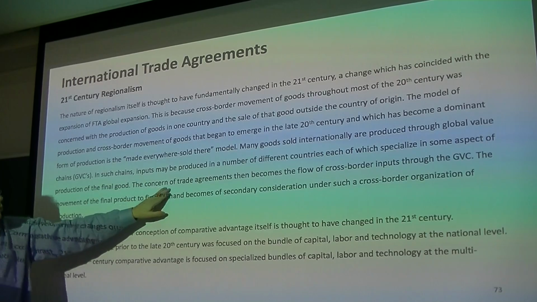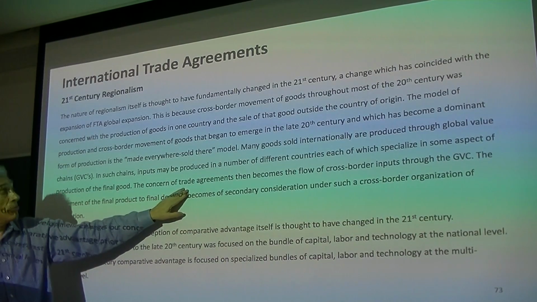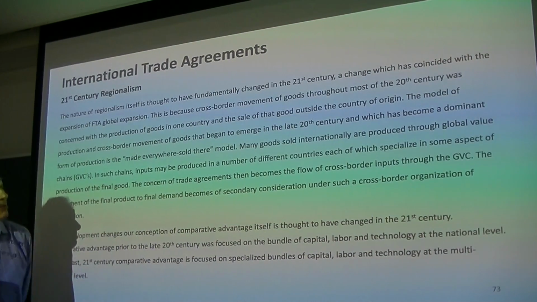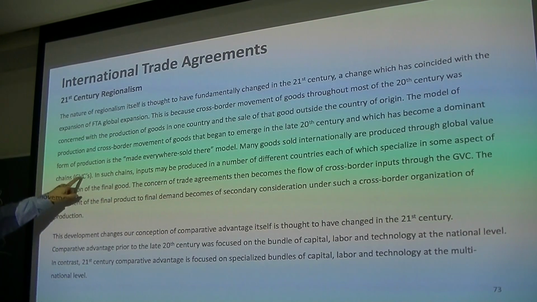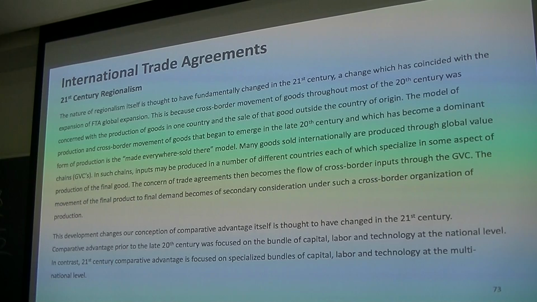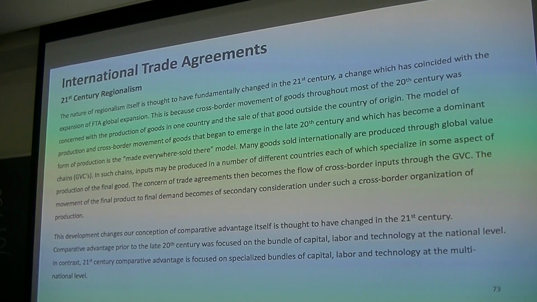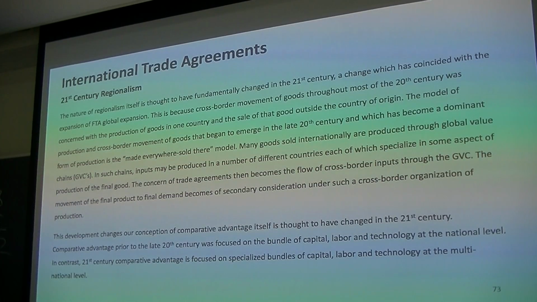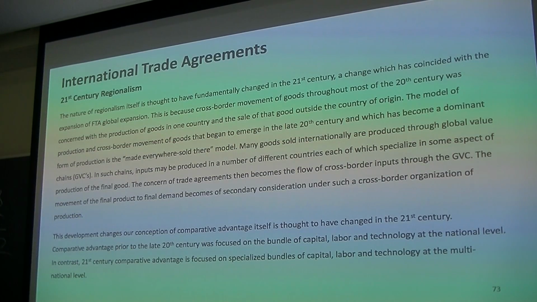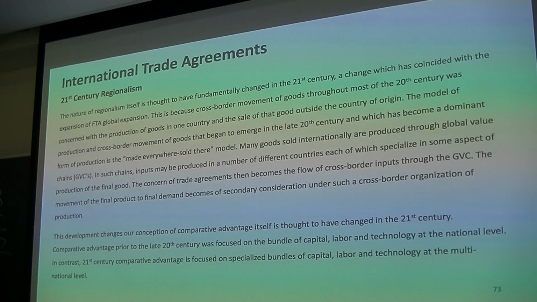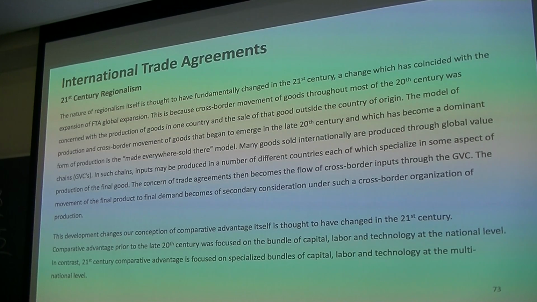And in such an environment, the concern of trade agreements becomes the flow of cross-border inputs through a global value chain. The movement of the final product to final demand becomes of secondary consideration. The consideration is the flow, not of final goods, but of inputs. So that's a big change.